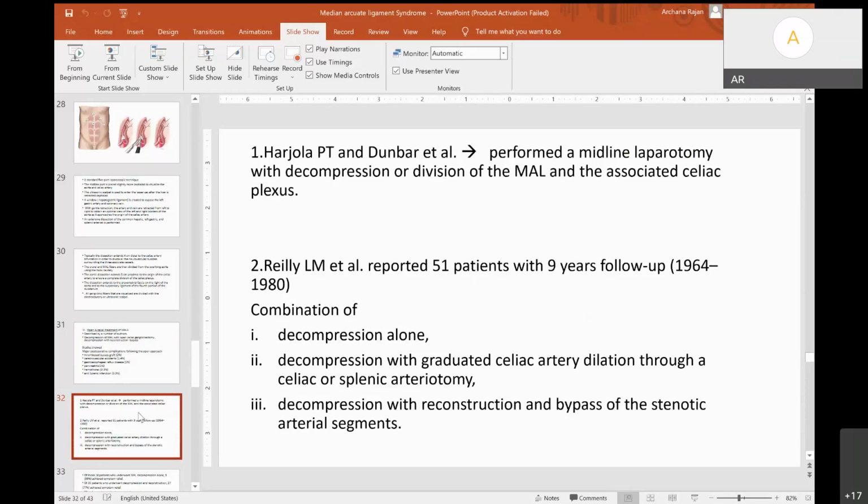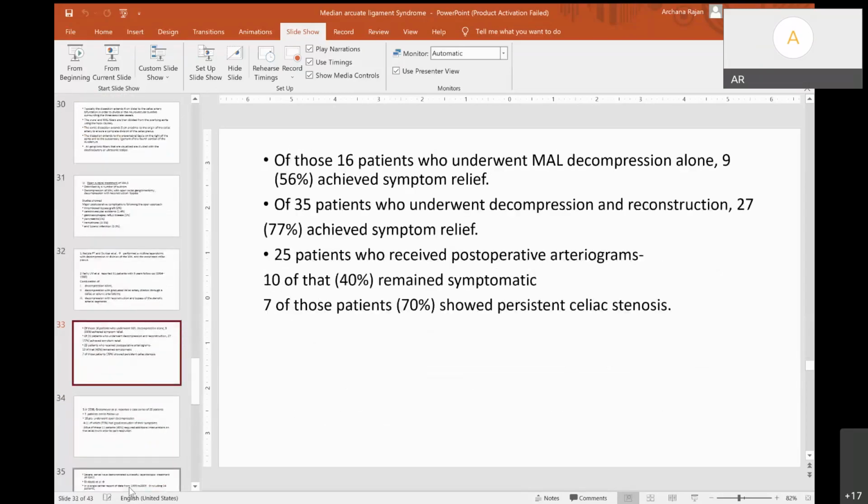In these patients, the combination of decompression alone, decompression with graduated celiac artery dilatation through a celiac or splenic arteriotomy, or decompression with reconstruction and bypass of the stenotic arteries, these 3 methods were followed. Of those 16 patients who underwent median arcuate decompression alone, 56% achieved relief.